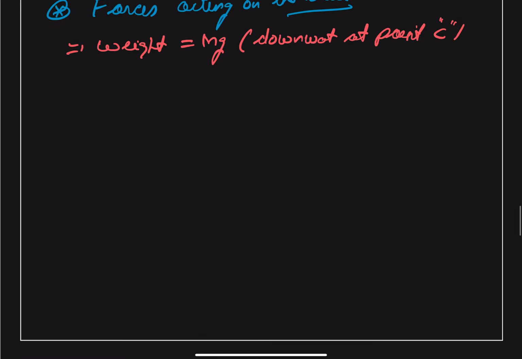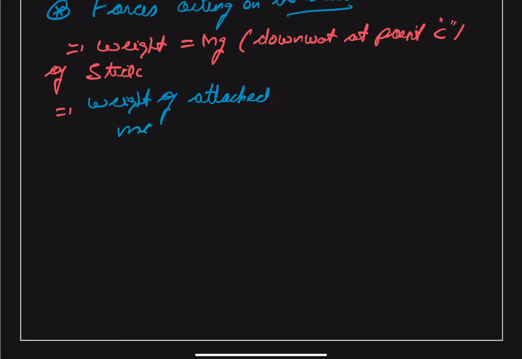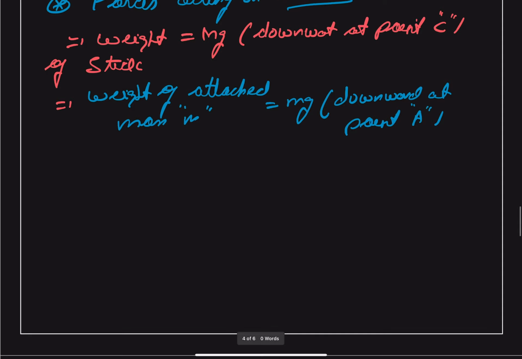And second will be the weight of attached mass m, and that will be equal to mg, acting downward at point A. Next will be the force of buoyancy, which will be acting upward.